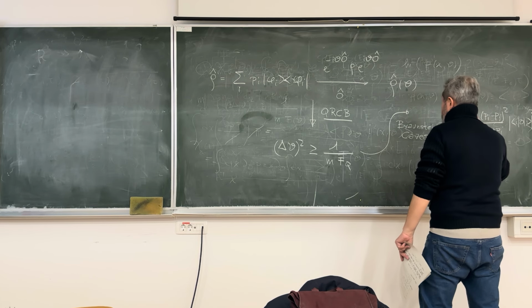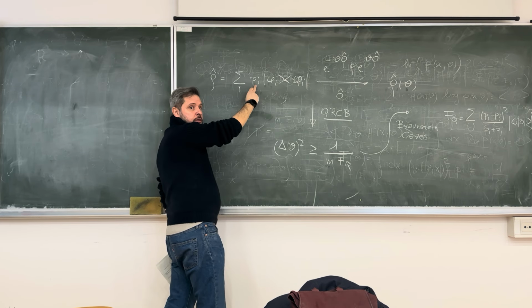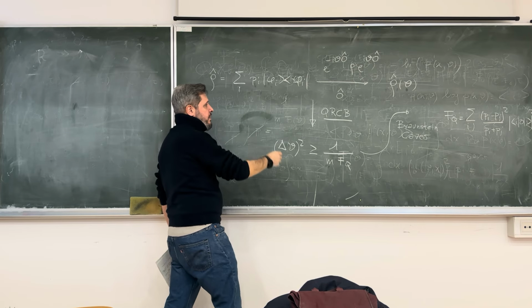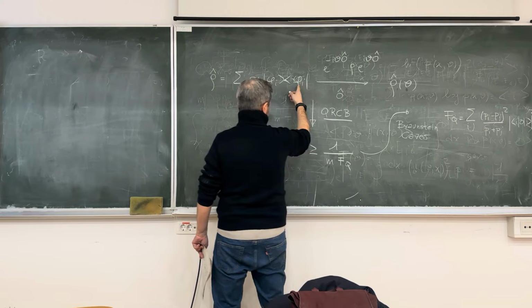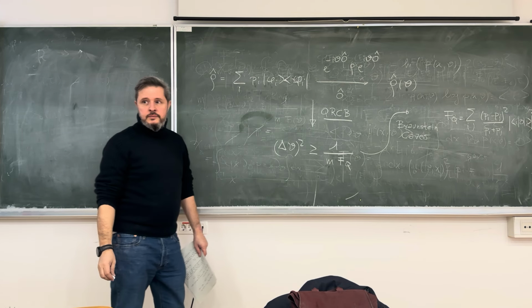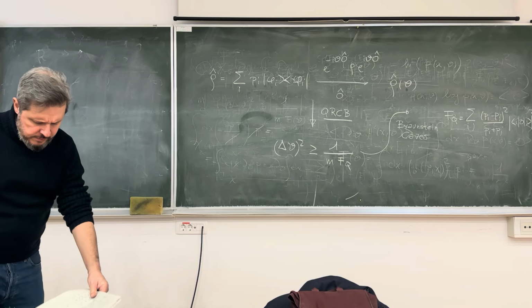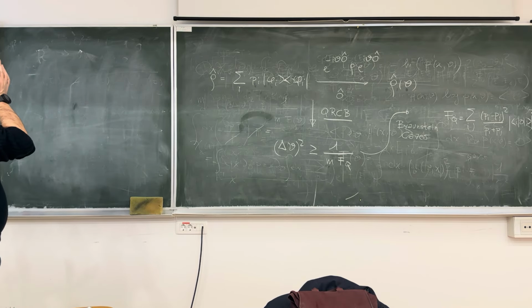So the p's here are these p's. I'm assuming that I'm starting with a certain density matrix, and these i's and j's, I apologize, are just these eigenstates. So this is something that we leave as it is.